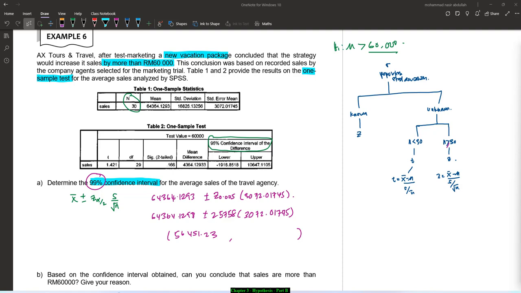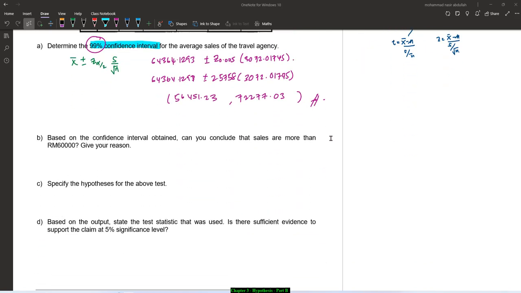The upper confidence limit, Muhammad Nizam? 77027.703, right? So this is the 99% confidence interval. Okay, Muhammad Imran and Farahin, learn how to use the calculator.